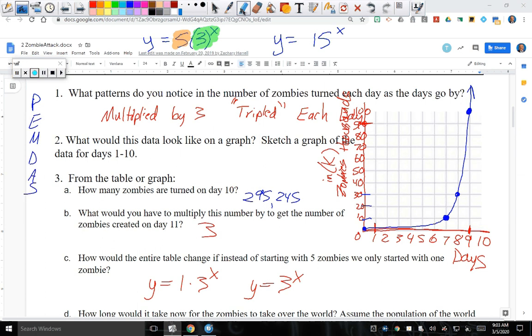We have to do the exponent first and then the multiplication. That's a big misconception. Okay? Let's go ahead and go to D.